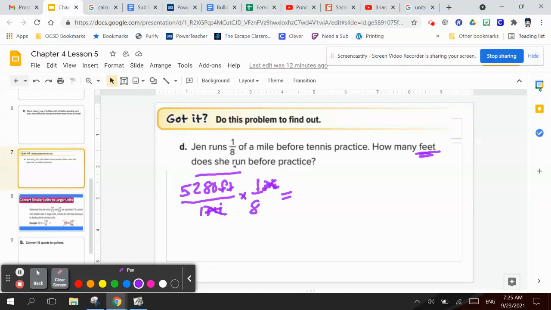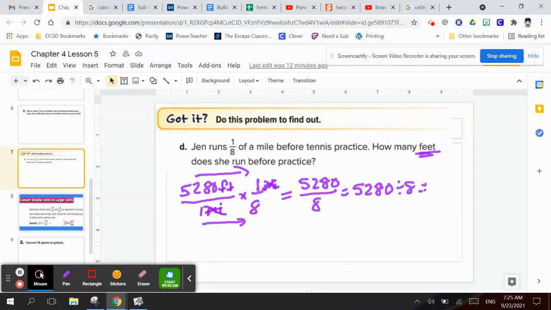So when I multiply, I get 5,280 times 1, which is 5,280. 1 times 8 is 8. So to find out how many feet are in 1/8 of a mile, I take 5,280 divided by 8.